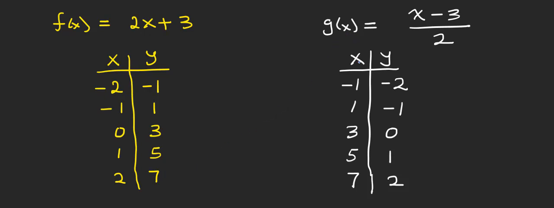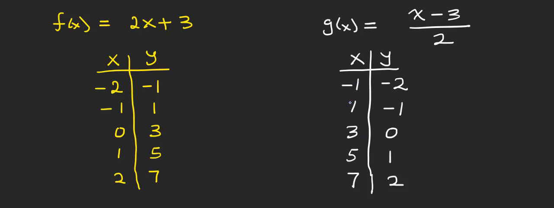What about for g of x? When x equals negative 1, the y value is negative 2. And when x equals 1, y is negative 1, and so forth. Do you notice something interesting about these two tables? That's right. The x values of f of x became the y values of g of x, and the y values of f of x became the x values of g of x.